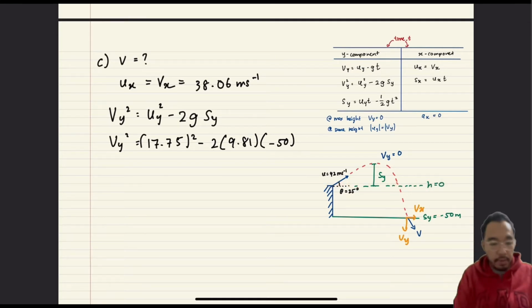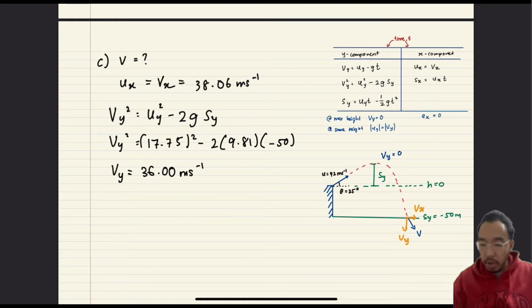If you calculate, it would be 17.75 squared minus 2 times 9.81 times negative 50, so it becomes positive there. Take the square root. So I got Vy equals 36.00 meters per second.